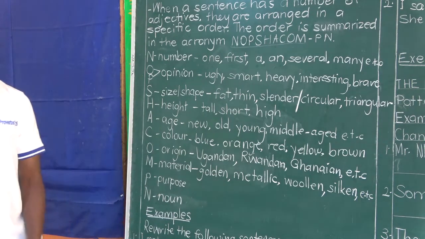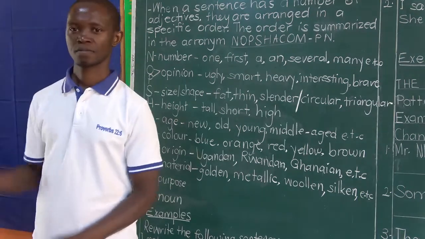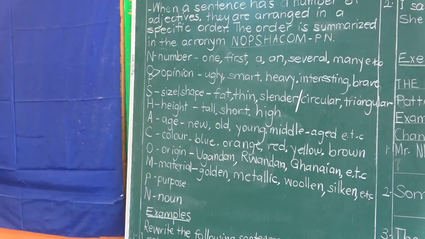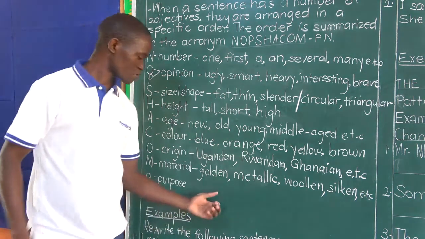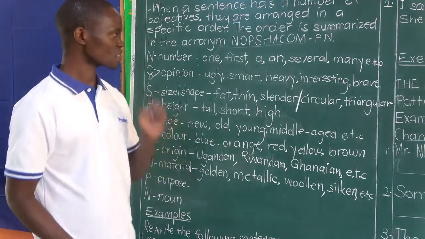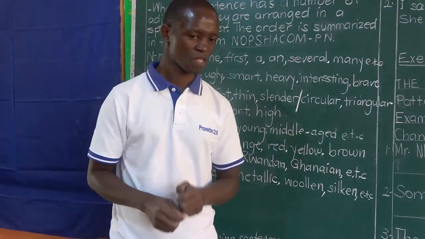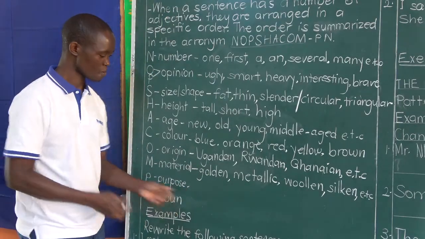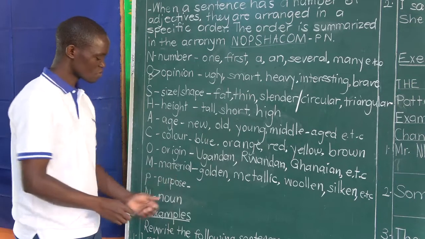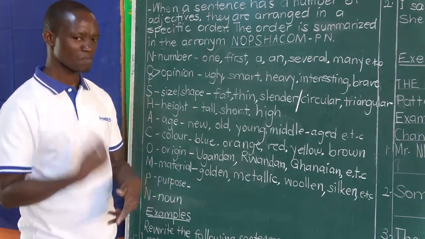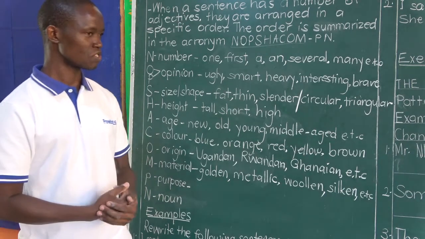Purpose. Under purpose, we think of adjectives that, in most cases, end in ing. Have I said all adjectives of purpose end in ing? No. I'm saying when we think of adjectives of purpose, we think of adjectives that mostly end in ing.